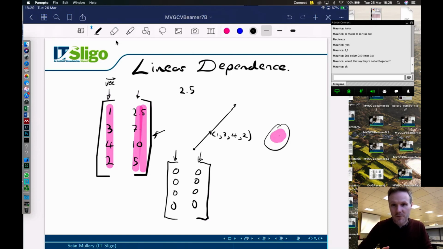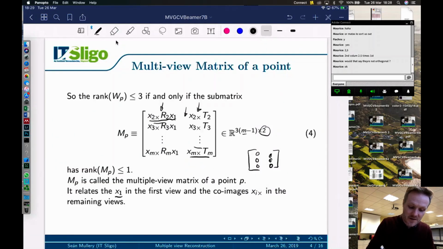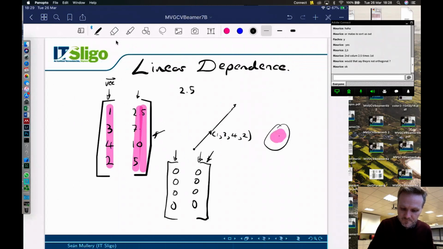You could pick 2.5 there, it's no problem, that'll work, but so will any other number. So this is actually a rank of 0. It has no information in it. Now what we're saying is that it's the same for this. As long as these are not all zeros, then this is useful in order to make our trilinear constraint. If it is all zeros, then it's of no use to us.